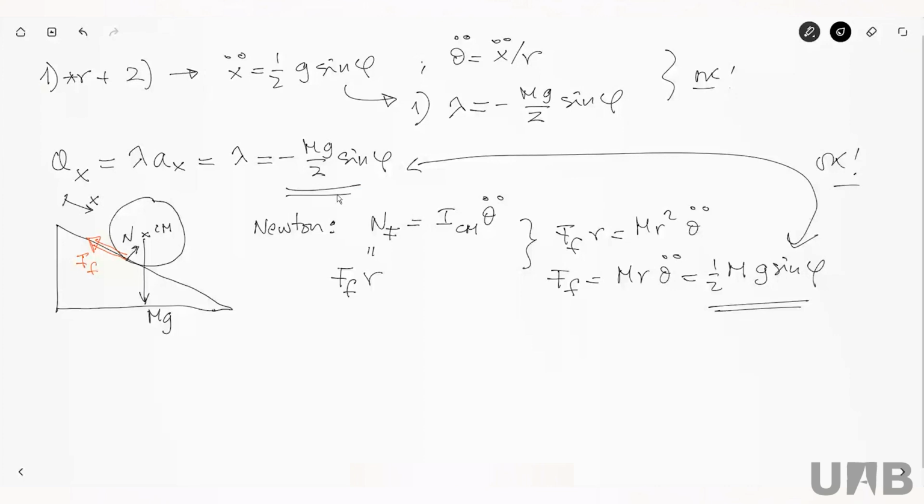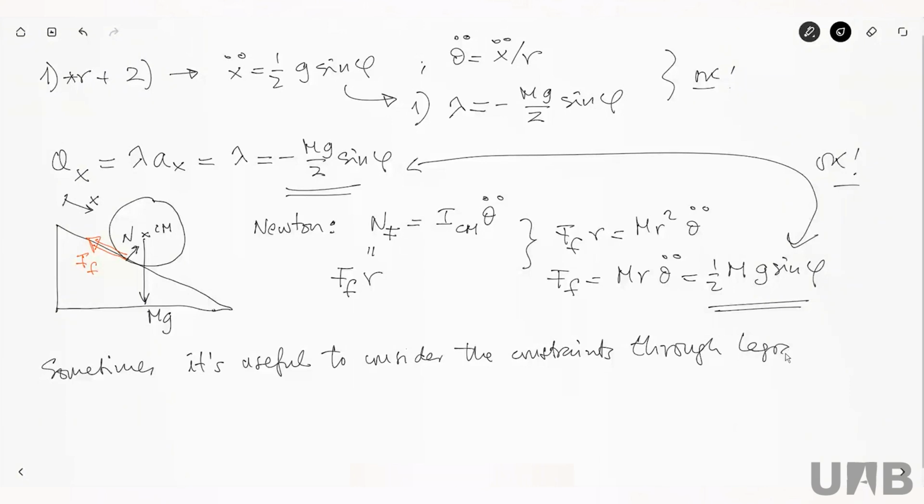So this is the lesson that we learned from this little exercise, okay? That sometimes it's useful to consider the constraints through Lagrange multipliers to get the forces Q, like in this case.